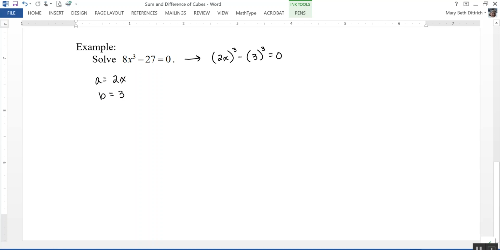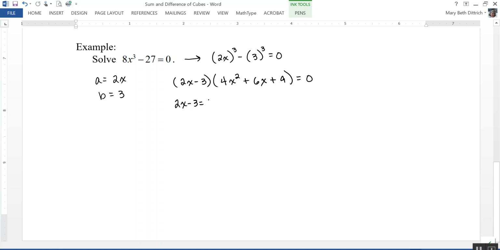Notice b is not negative 3. b is just whatever is being cubed and then subtracted from your first term. So this is going to give me a minus b times a squared, which is 4x squared, plus a times b, 6x, plus b squared, which is 9, and that equals 0.